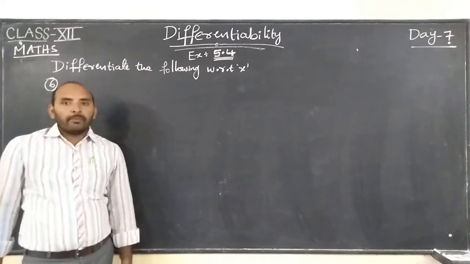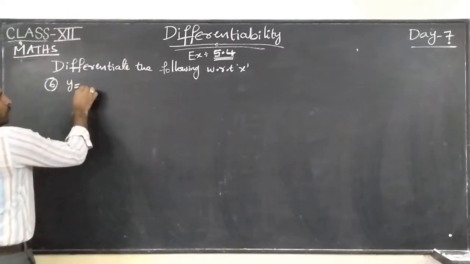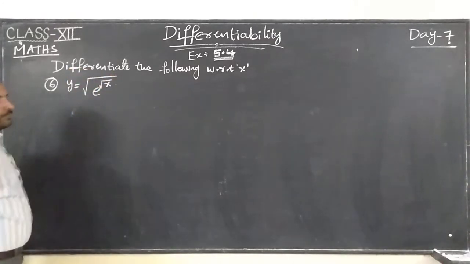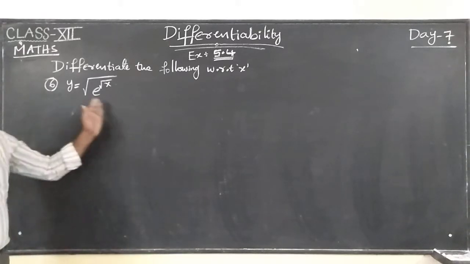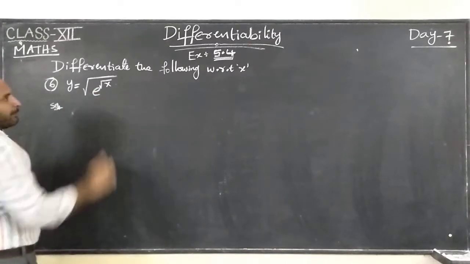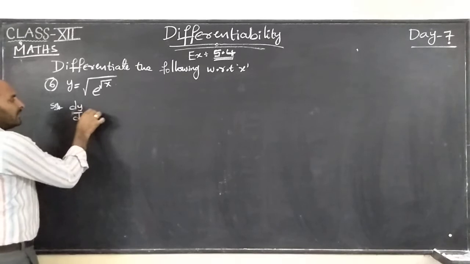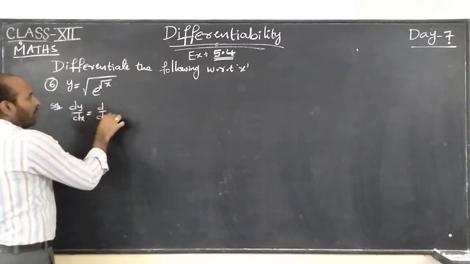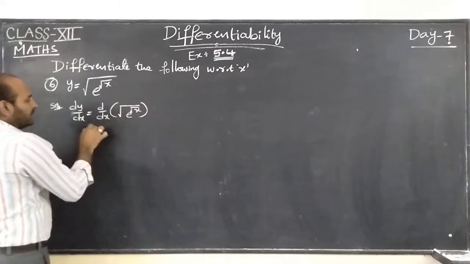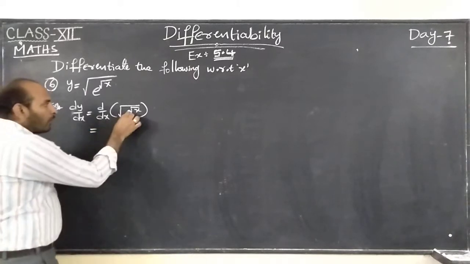Next, move on to problem number 6. Let us take the function y is equal to root of e power root x. Differentiate with respect to x on both sides, dy by dx which is equal to d by dx of root of e power root x. It is also not in the direct basic formula. It is in the form of the derivative of root x.